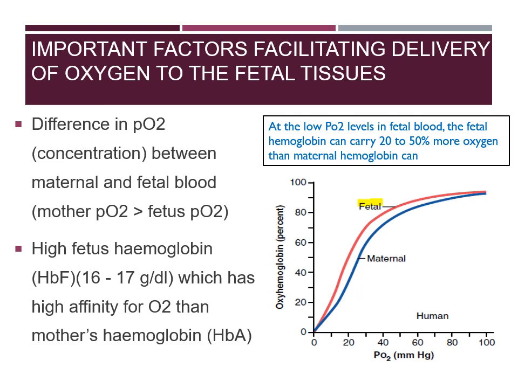So even at the low gradient of oxygen between fetal and maternal circulation, the fetal hemoglobin can still carry 20 to 50% more oxygen than the maternal hemoglobin can.